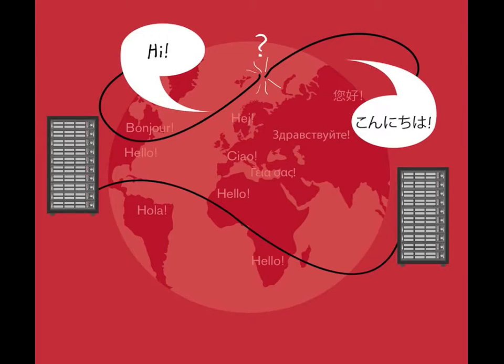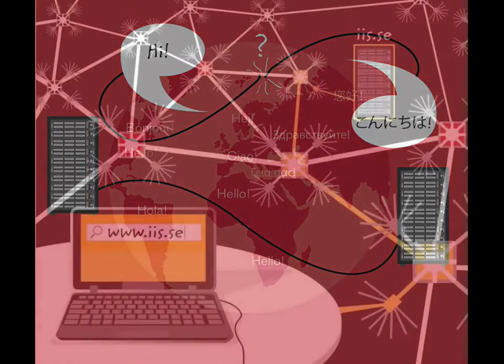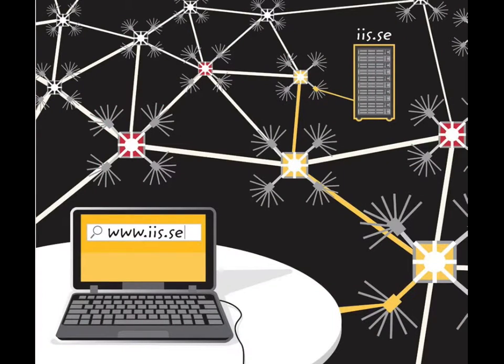Instead, they send numbers and codes to each other. The good thing about this is that a computer in Sweden can understand a computer in Japan, even though the people speak different languages. If you want to check out a website, a kind of question is sent from your computer to a server on the Internet that answers. The server that answers can be located anywhere in the world. Then the website is sent to your computer, and you can see it and click on it.